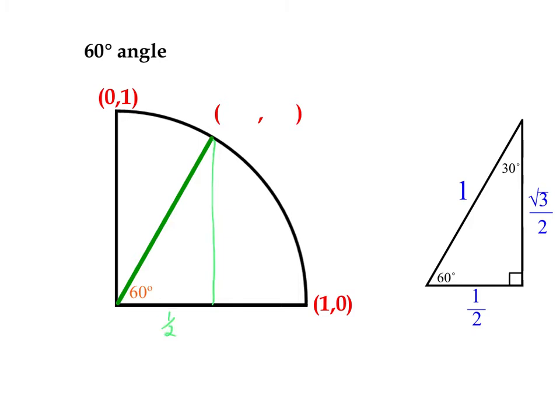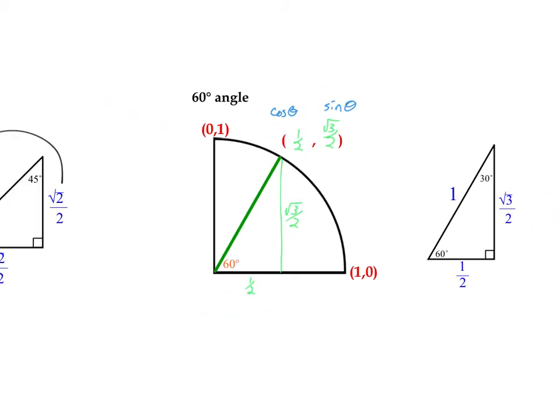So we go out 1/2 and we go up rad 3 over 2. That's going to represent the cosine of theta, so cosine of 60, and then the sine of theta, sine of 60. If you're ever confused on which one comes first or second when you're talking about cosine and sine, remember, it goes alphabetically. So cosine first, then sine, C, then S.